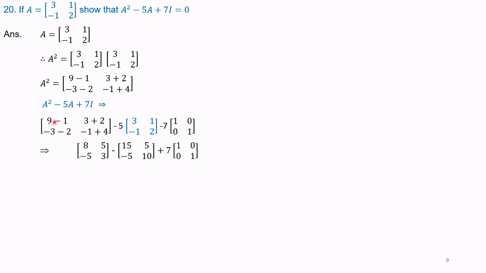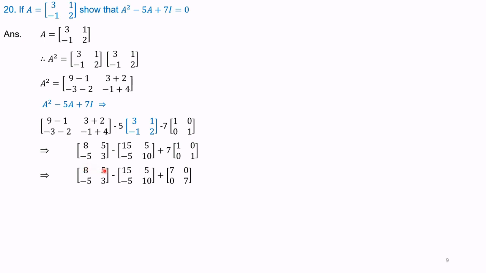Hence we get 9 minus 1 is 8, minus 5 times 3 is 15, 5 into 1 is 5, 5 into minus 1 is minus 5, 5 into 2 is 10. Plus 7I, this is the given equation.